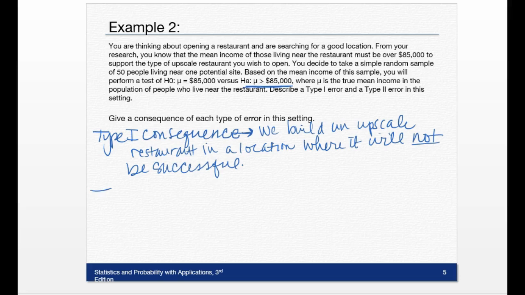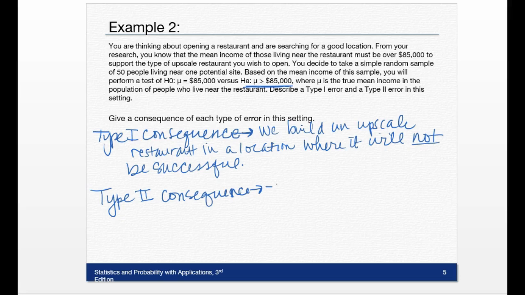Okay, so what happens if we do a type 2 error? What's the consequence of that? Well, a type 2 error means that we think their income is 85,000 when it's really more than that. So that would mean that we probably choose not to build that restaurant there, even though it would have been successful.